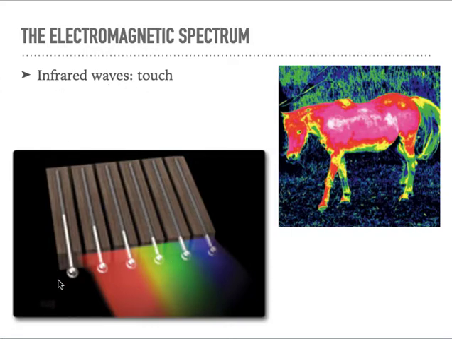If you, for example, have a rainbow, like with one of these prisms, and you separate the white light into the colors, and you put a thermometer in every color, you're going to see that the temperature is going higher if you go to the red part.